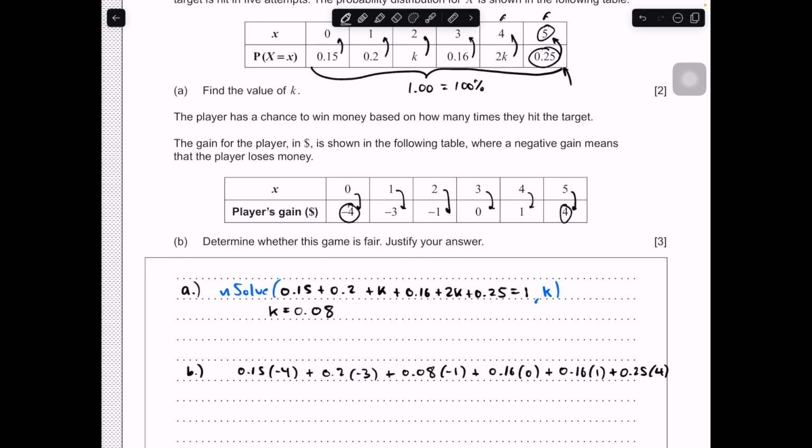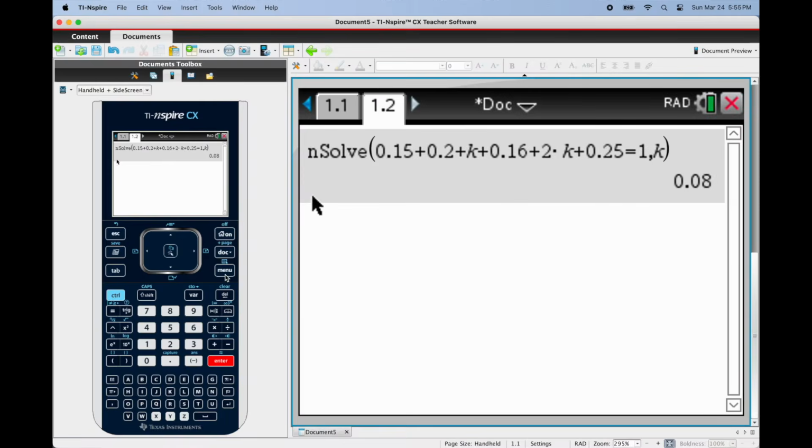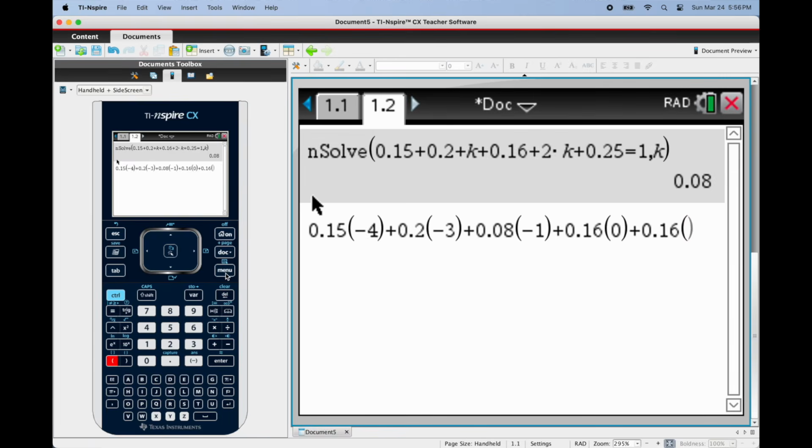So let's add this up on the calculator. 0.15 times -4 plus 0.2 times -3 plus 0.08 times -1 plus 0.16 times 0, I guess that one wasn't so necessary, plus 0.16 times 1, and then lastly 0.25 times 4.